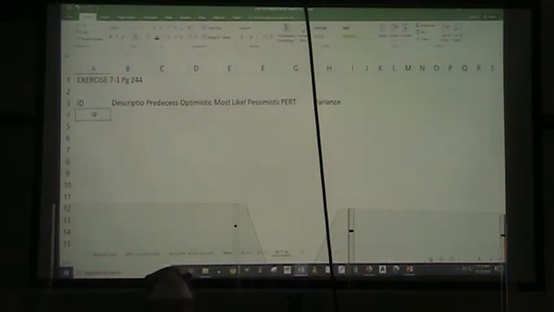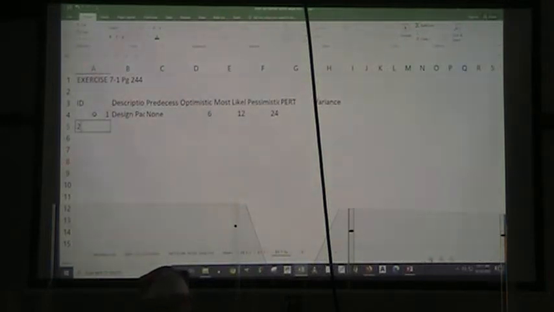Our ID is given as 1 through 7. So for 1, the description is design the package. The predecessor is none. That's the first activity. The optimistic time for this is 6. The most likely time is 12, and the pessimistic time is 24.